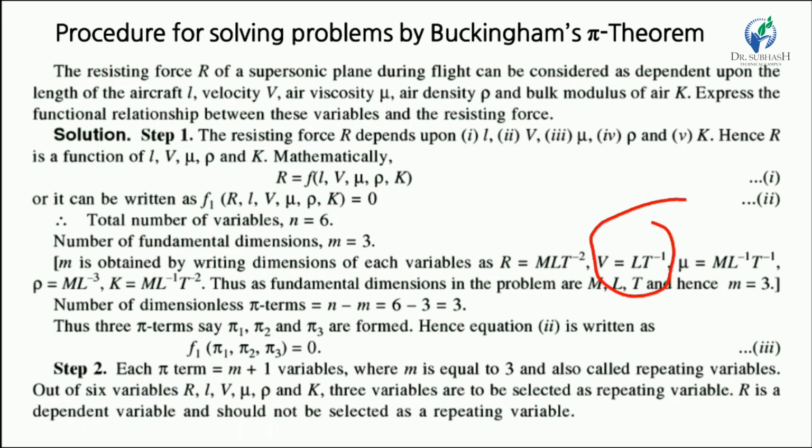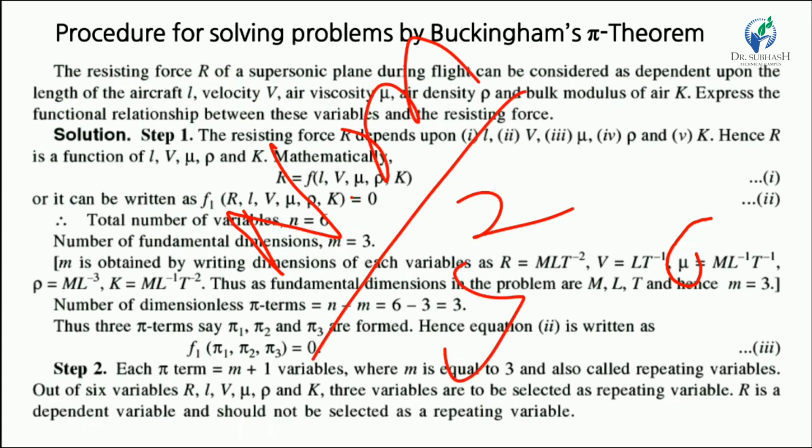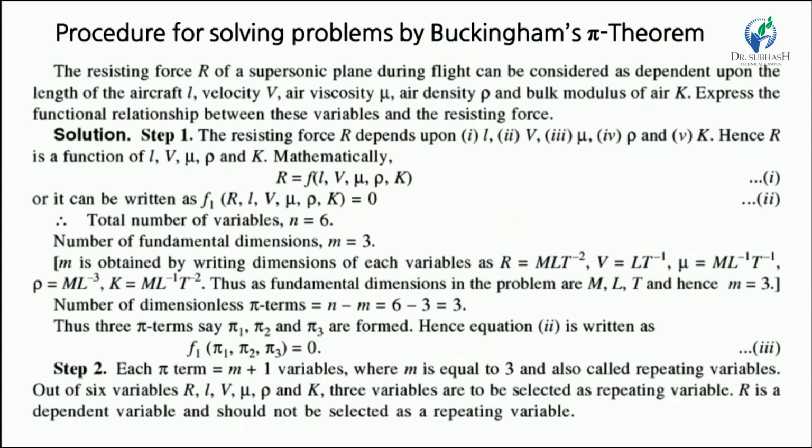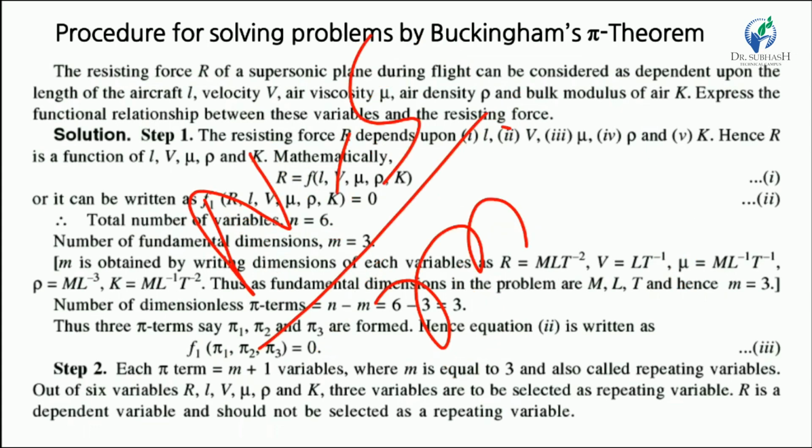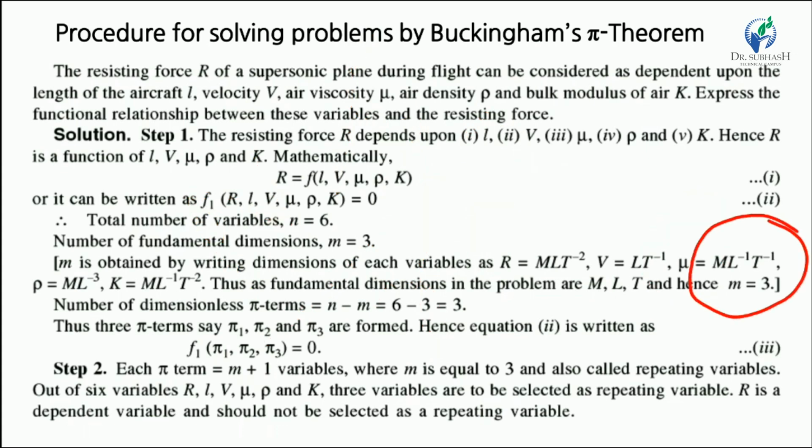Now velocity: meter per second, so L T minus 1. The unit of viscosity is Newton second per meter square, so its MLT form is M L minus 1 T minus 1. Density is mass per unit volume, so M L minus 3.